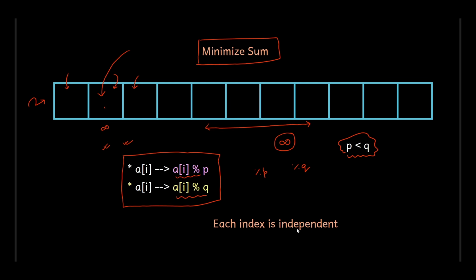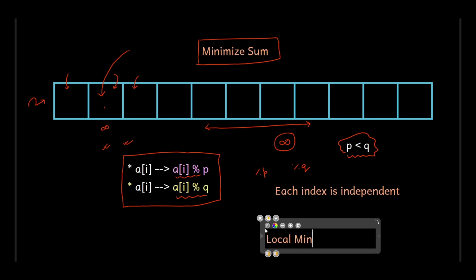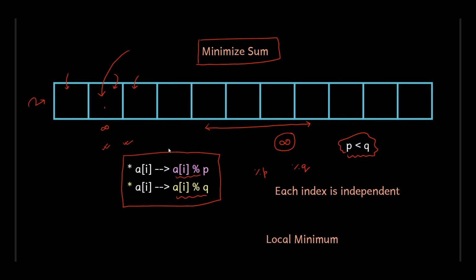This means that you can have a local minimum at each index. So if you want to minimize the global sum overall, you should minimize each entry. So let's see how to minimize each entry.